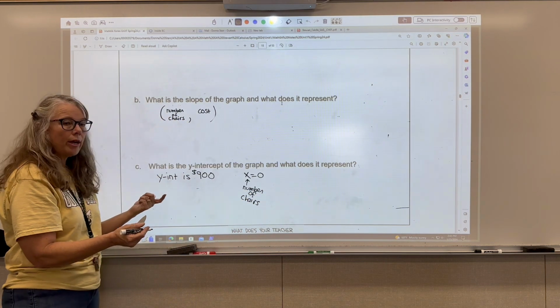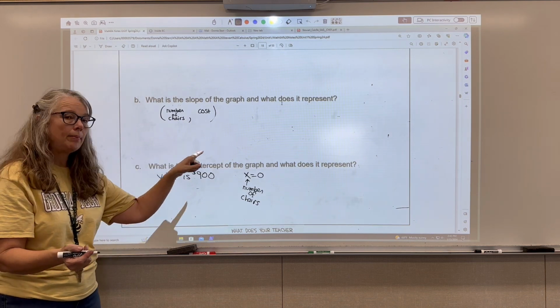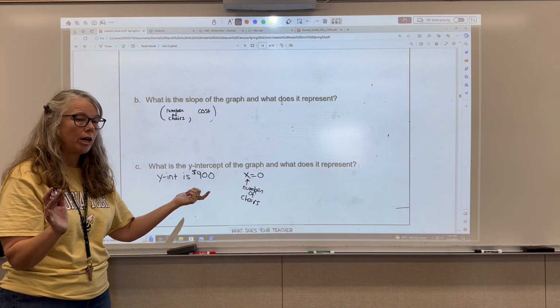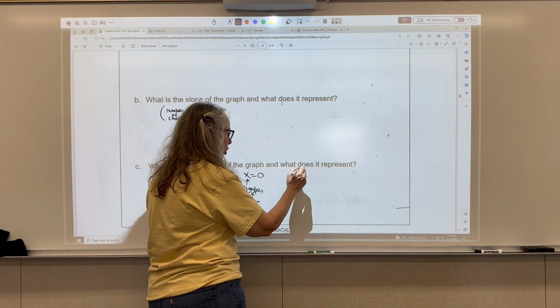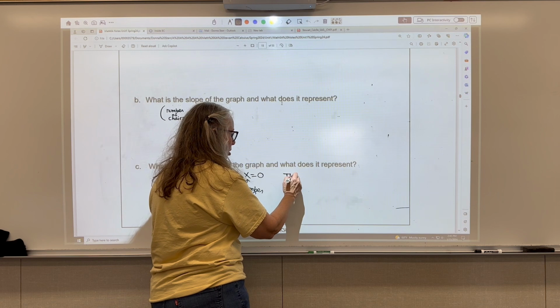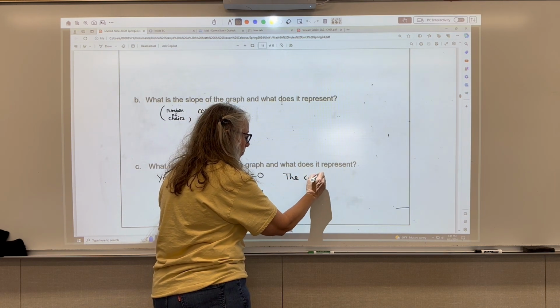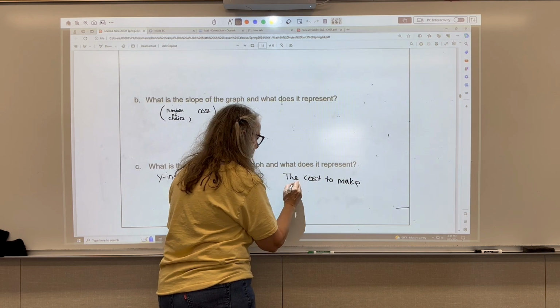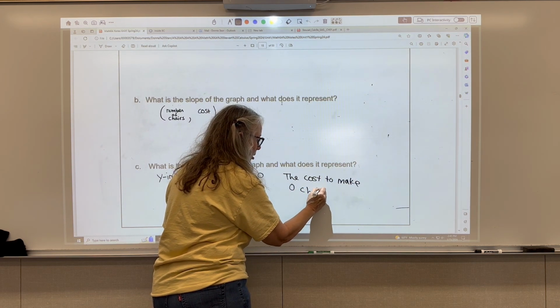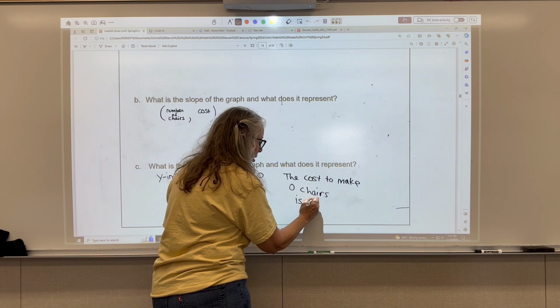And so the y-intercept being 900, it means that if we make 0 chairs, if we make no chairs, it'll cost 900. So it represents the cost to make 0 chairs is $900.